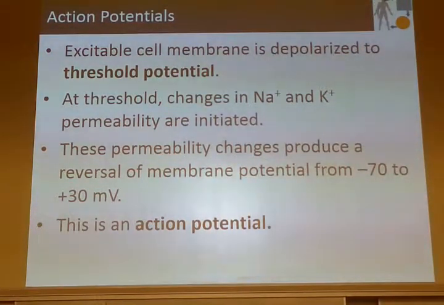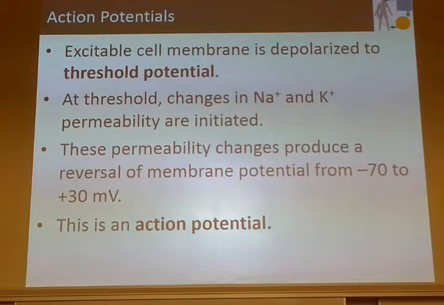So that's why action potentials are described as all or none. You either get one or you don't. You don't get one if you don't get to threshold. You do get one and you get all of it. You don't get less or more. You're above threshold. You don't get a bigger action potential than when you're just reaching threshold. You get the identical action potential.